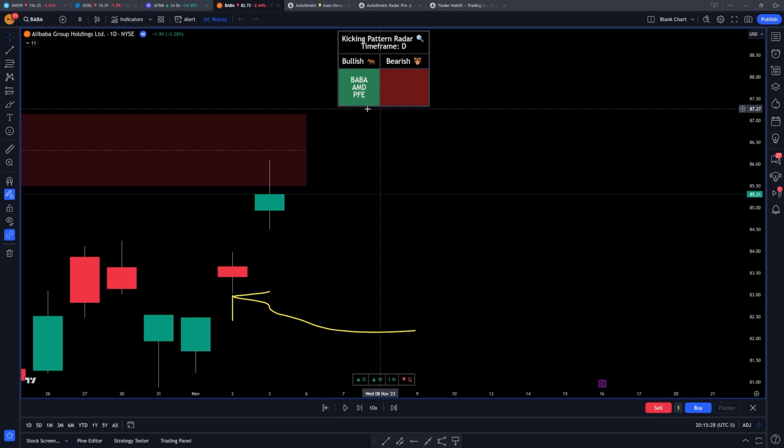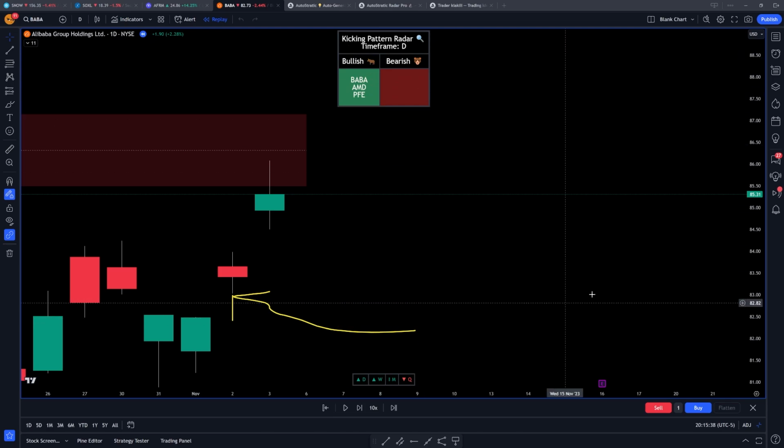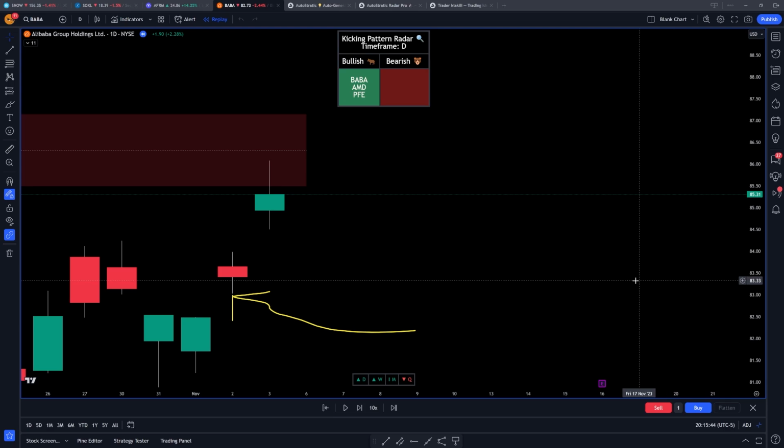That's an ample amount of time to make some determinations, especially if some of these tickers that pop up on the kicking pattern radar have already popped up on the regular AutoStratic radar with the setup. That makes sense? At first, it may feel like you have to act quickly and you wish you had more preparation before market even opened.